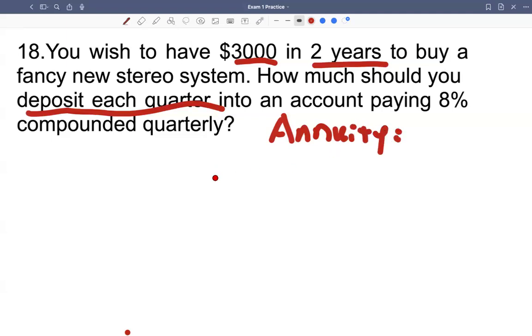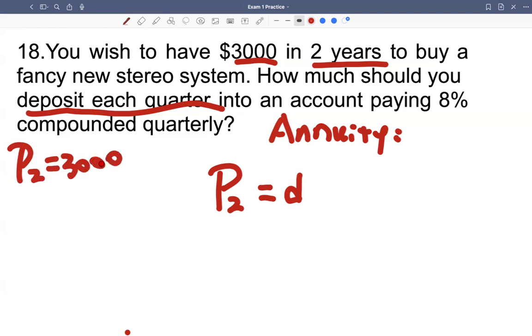Right, the annuity formula. Let's recall the formula. We have Pn, in this case, 2 years. So P2 equals the deposit each quarter. Well, let's identify variables actually. So we have P2. In 2 years, we wish to have $3,000.